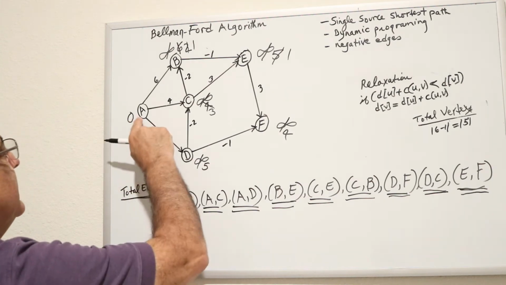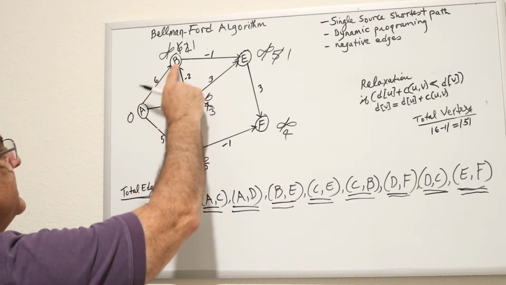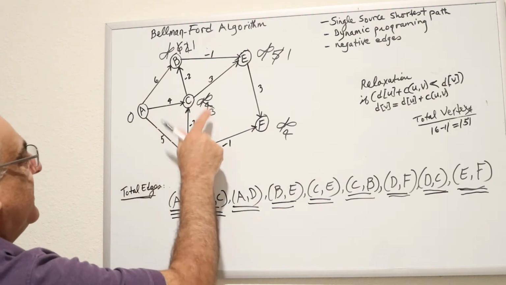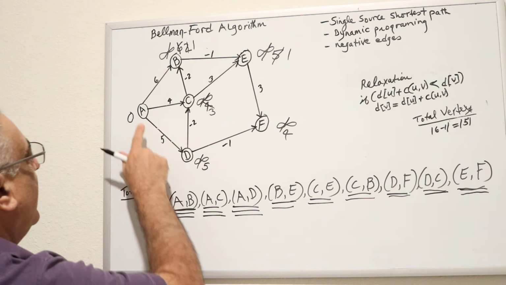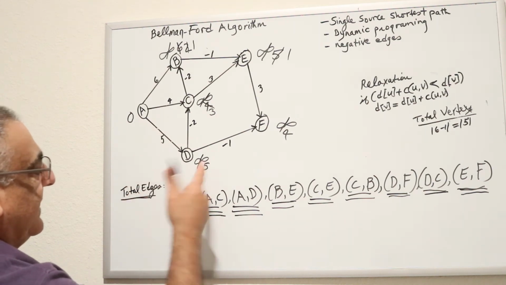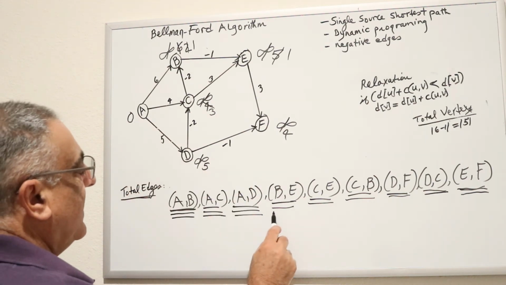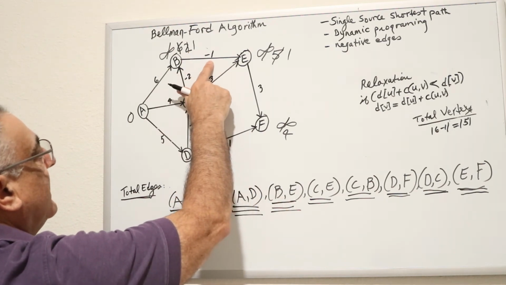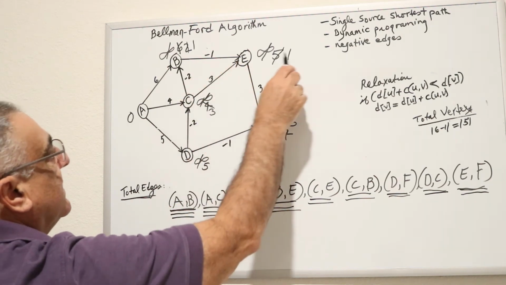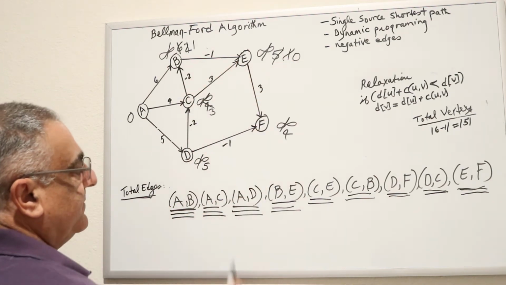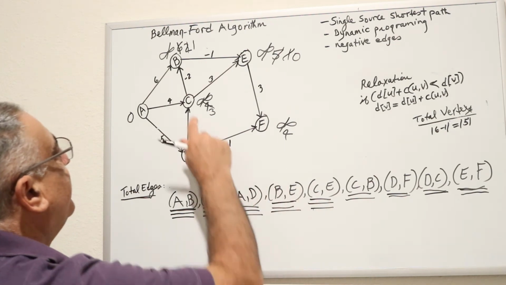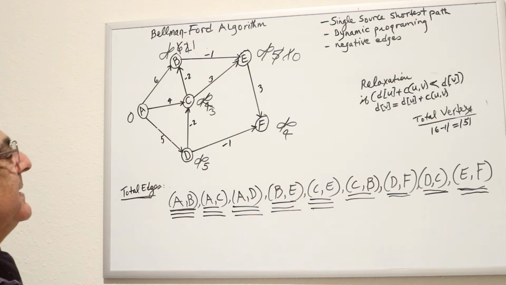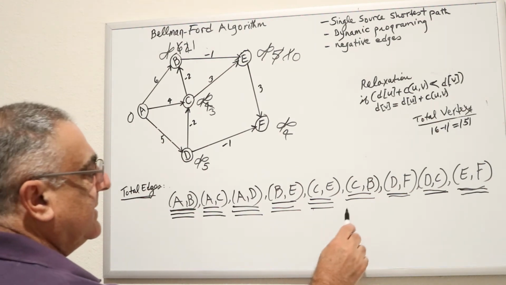Third time. A to B, 0 plus 6, can't change it. A to C, 0 plus 4, can't change it. A to D, 0 plus 5 is still 5, can't change it. B to E, 1 plus -1, which is 0, so I can change this to 0. C to E, 3 plus 3 is 6, so 0 is better, can't change it.